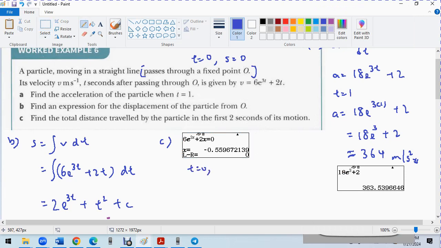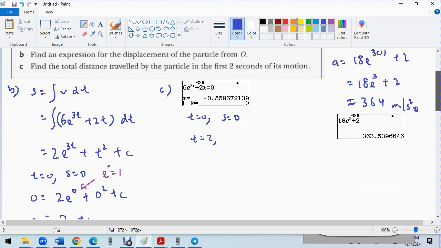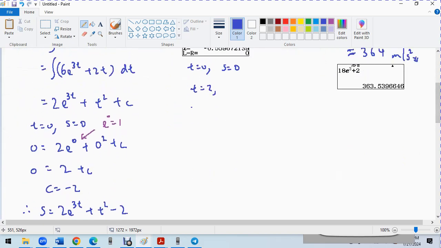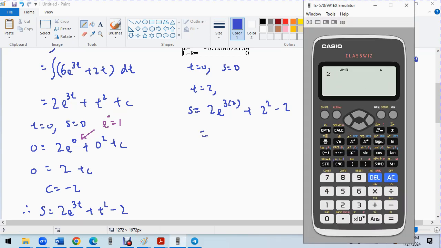Okay, so we know that time equal to 0, s equal to 0. Time equal to 2, then s is equal to 2e^(3x) plus x squared minus 2.